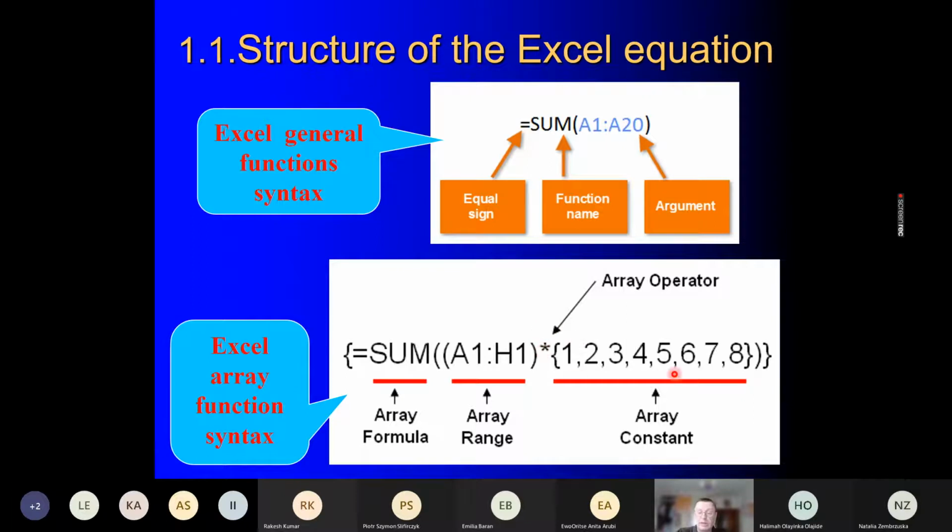In this particular case, each array range will be multiplied by a specific array constant according to the index of the array, and curly brackets denote exactly that this is an array formula, and the array constant or array arguments, even another function, has to be provided.